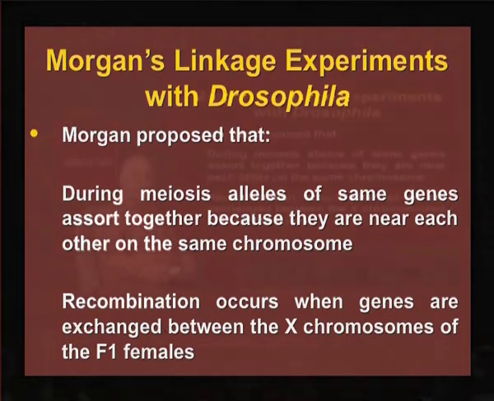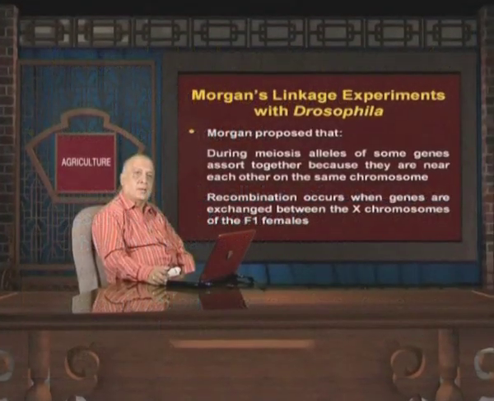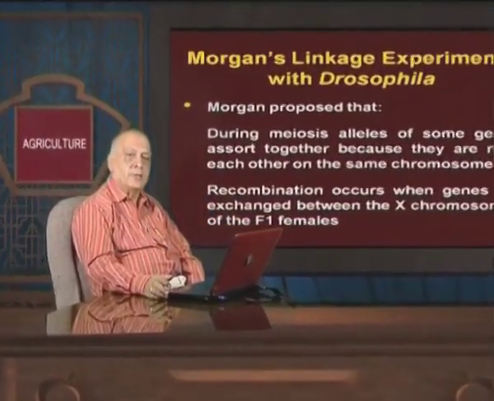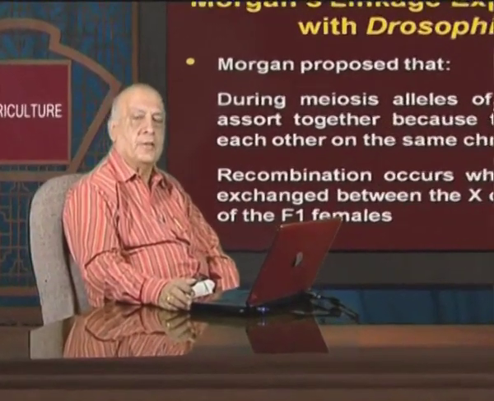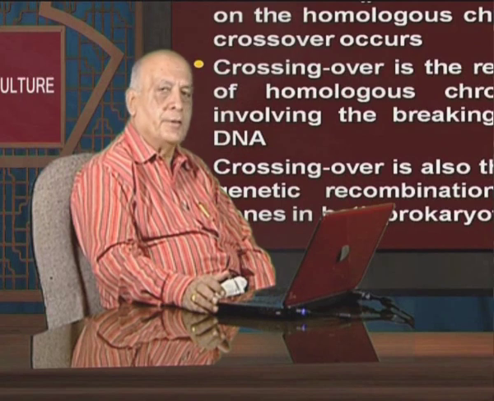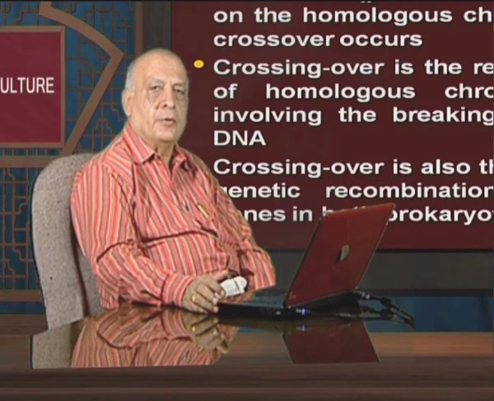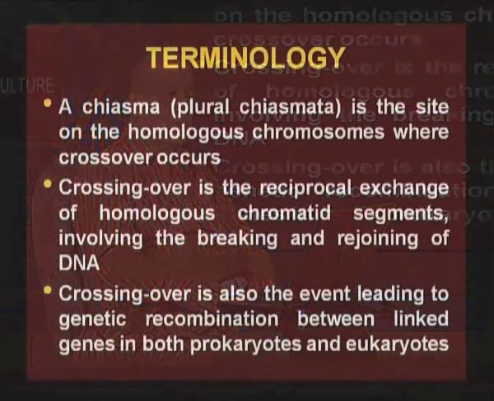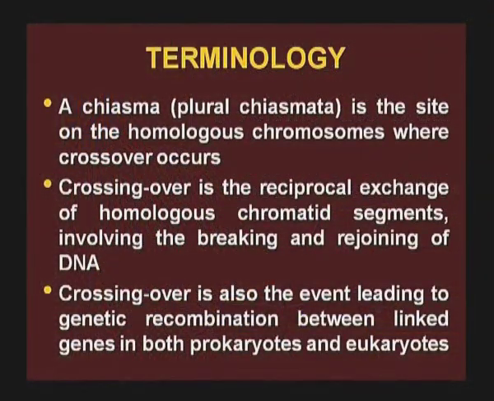Now, this is the ingenuity of drawing scientific deductions and conclusions whenever there is any deviation in the predicted ratios. And the terminology used now in the case of crossing over, linkage and recombination: a chiasma, a word we also came across during meiosis or prophase 1, the plural is chiasmata, is the site on the homologous chromosomes where crossover occurs.